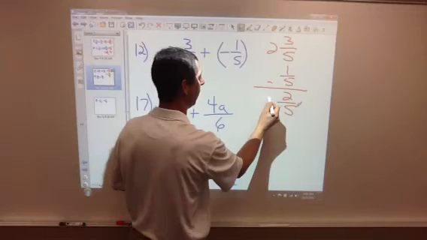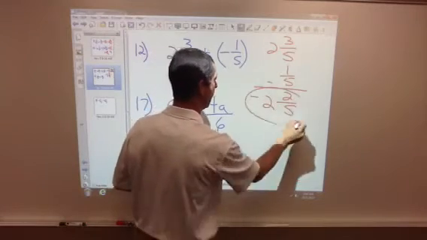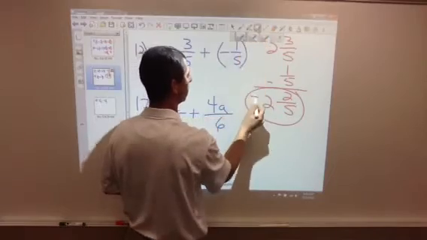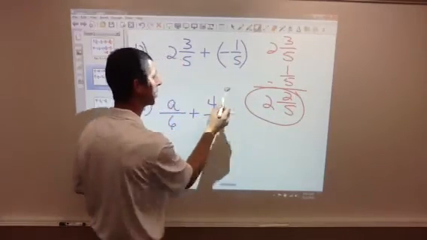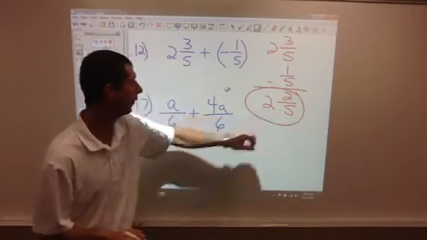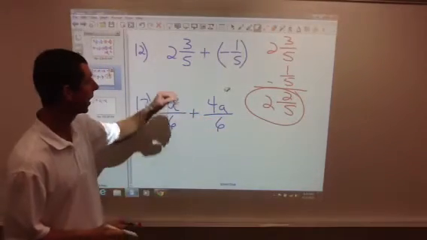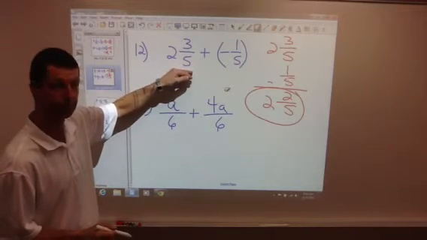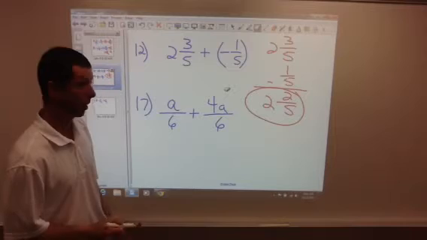Oh, it's not negative, I'm sorry, let me erase that. We already determined our answer was positive, so 2 2/5 is our answer. Once again, it's positive because this number here is further from 0 on a number line.